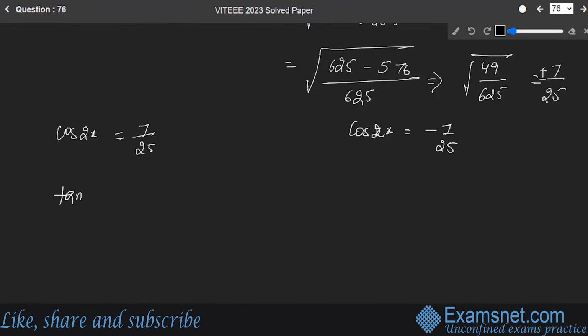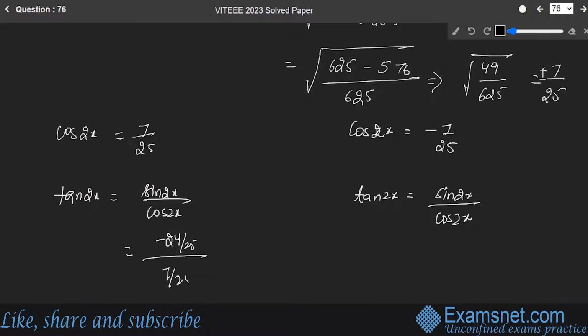Now, what is the value of tangent 2x? That is given by sin 2x upon cos 2x. This was equal to minus 24 upon 25 and 7 upon 25.